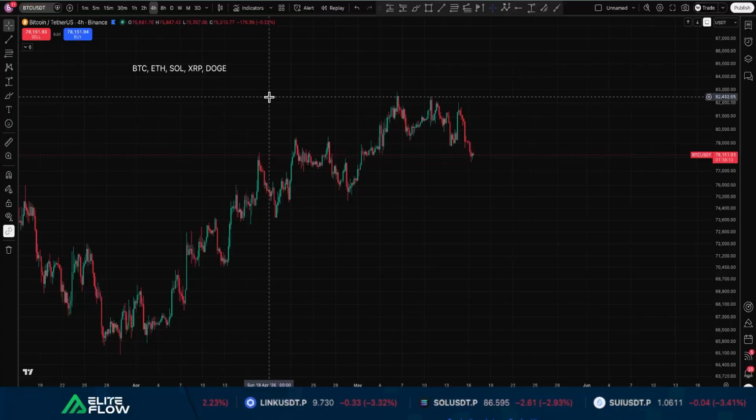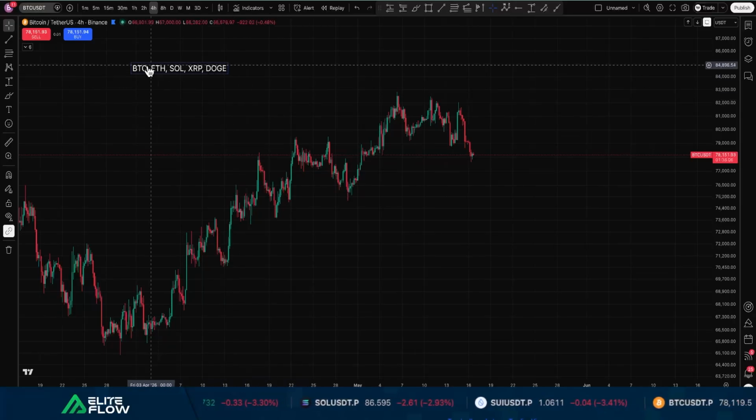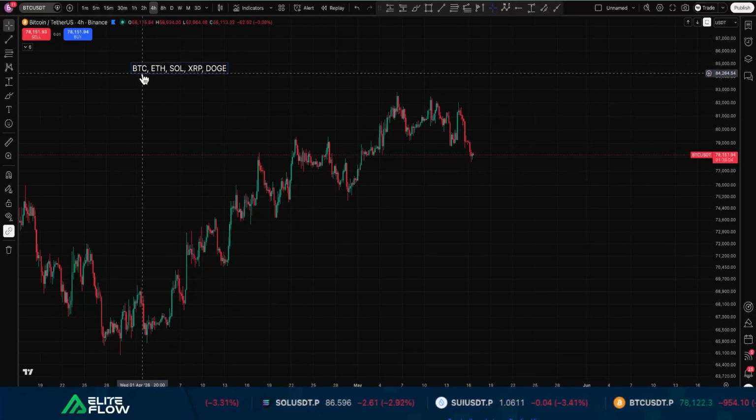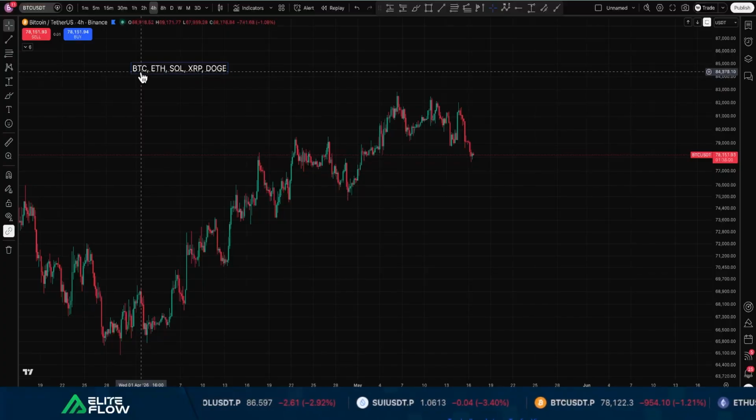If a coin has a much higher market cap, it is a lot harder, and the market makers need to put in a lot more money to manipulate the price of Bitcoin than the price of a shitcoin. Those coins that have really low market cap.